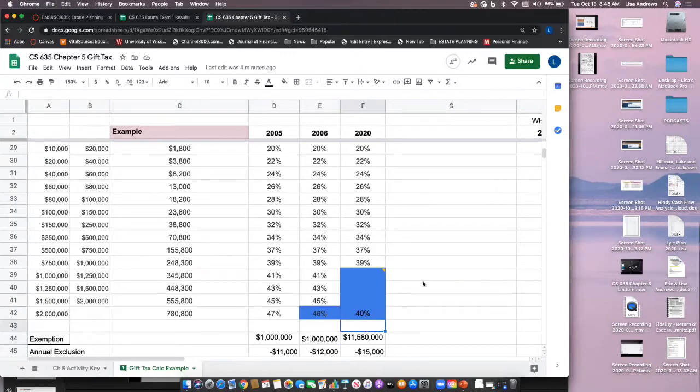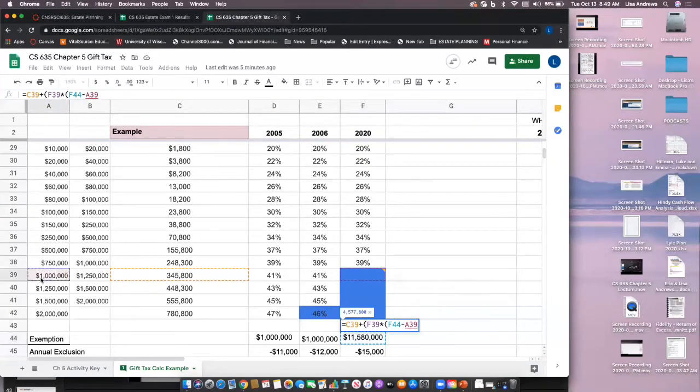And so the math on it is just simply taking, if you've got $11,580,000, what is the equivalent credit? Well, the equivalent credit is going to be on the first million, $345,800 plus 40%. Again, this is in 2020, plus 40% of every dollar over that amount. So it equals $345,800 plus 40% times ($11,580,000 minus $1 million).